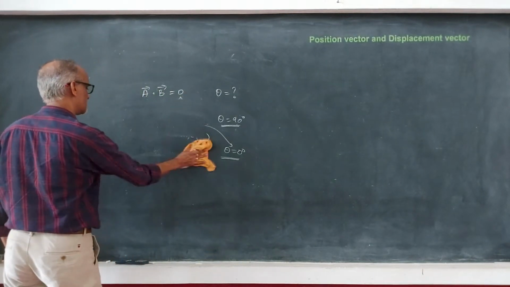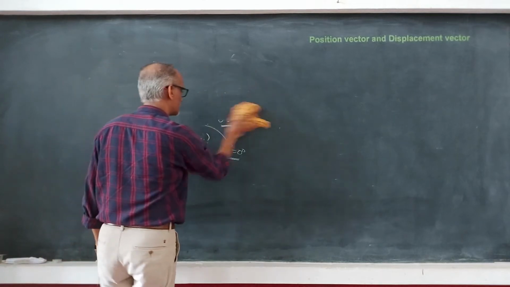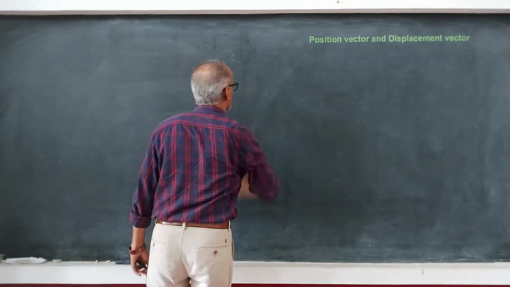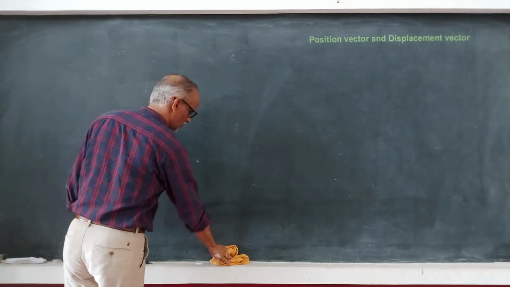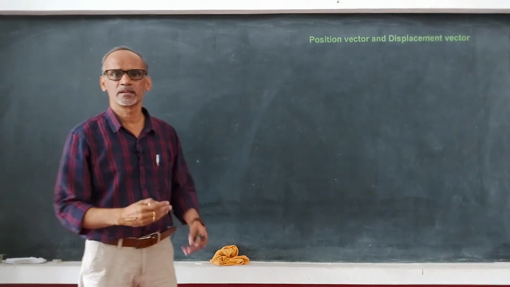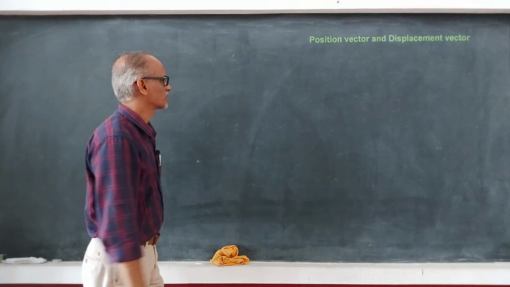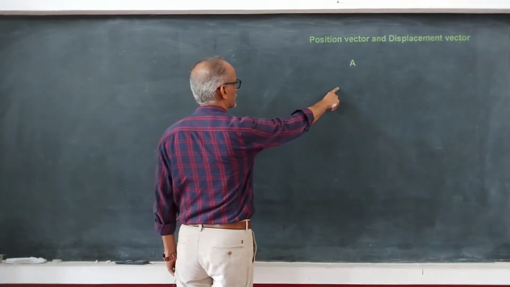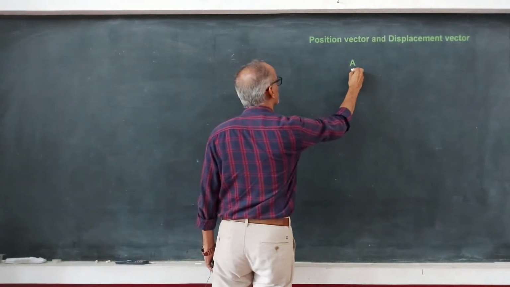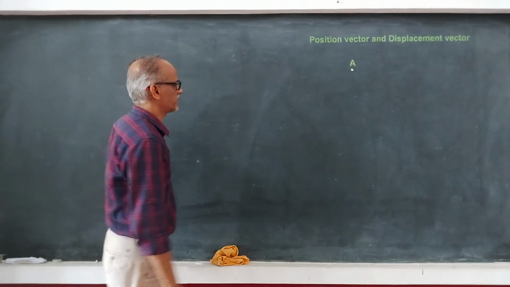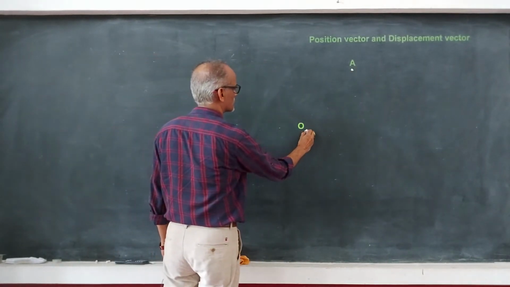So next let's learn something again related to vectors, and it's about position vector and displacement vector. To understand that, let's first consider a particle. I'm going to consider a particle here at a position A. And somewhere here I'm going to consider the origin.